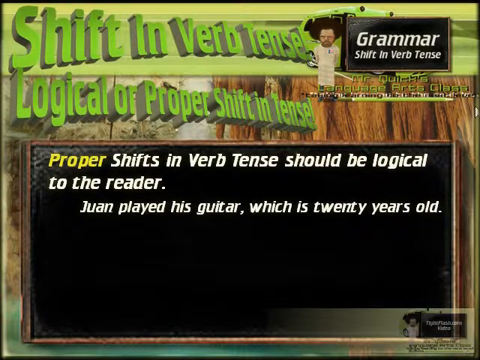Juan played his guitar, which is 20 years old. Of course, we're talking about the guitar that is 20 years old, so there's no ambiguous or misplaced modifier here. The guitar is 20 years old, and of course we know a guitar can be 20 years old.